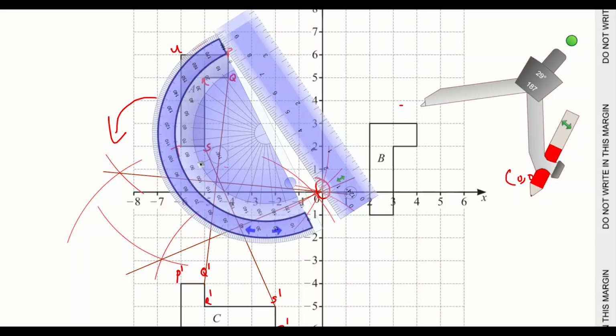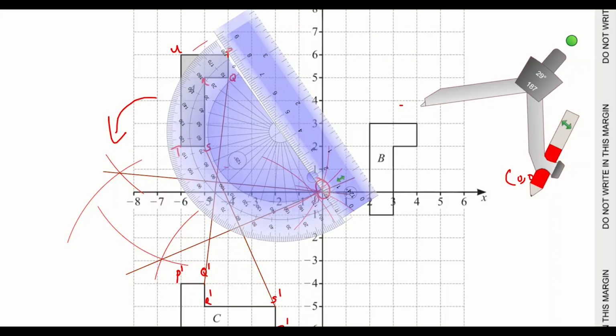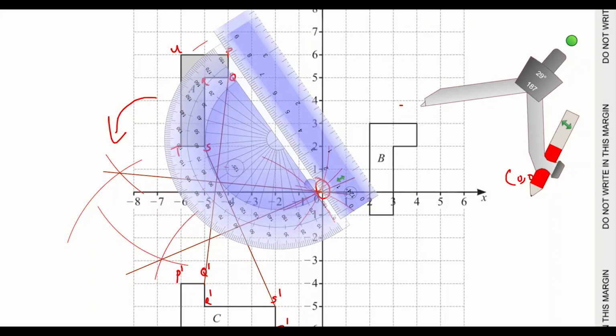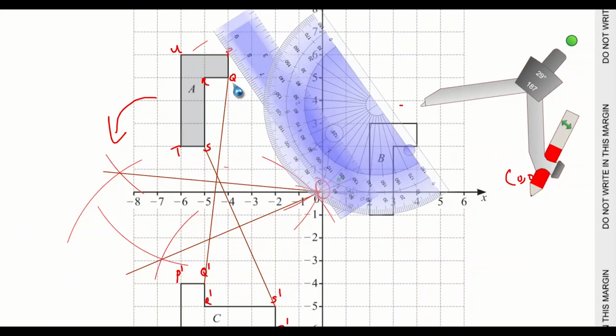Actually, I should draw a line, but once we place it very well, you see the angle. I just want to see this is the center of rotation. If you move clockwise like this, I want to see the angle it covers from point P to P prime. That's what I want to do.